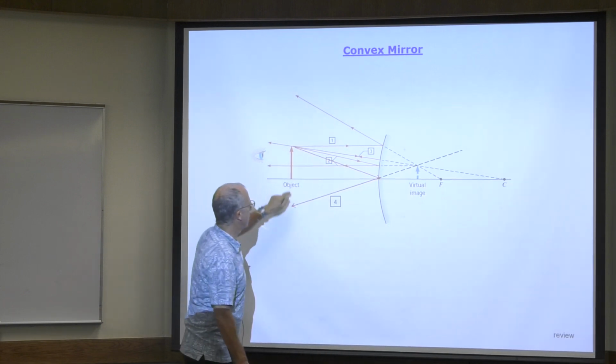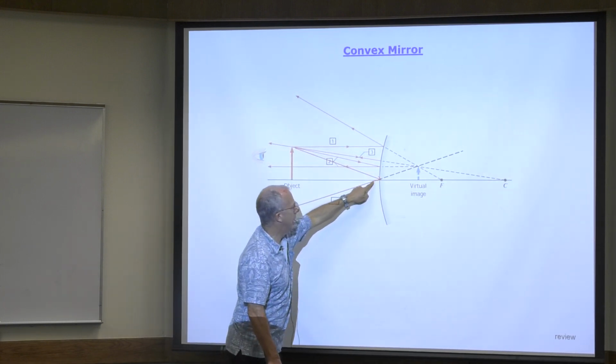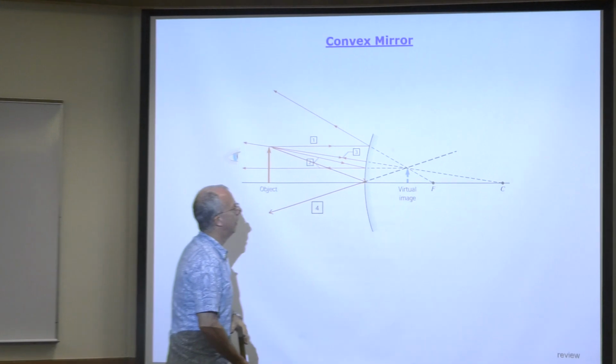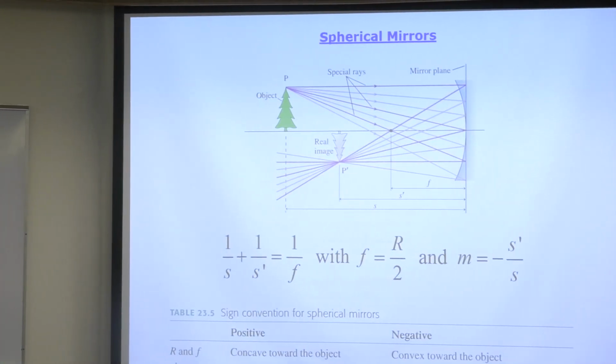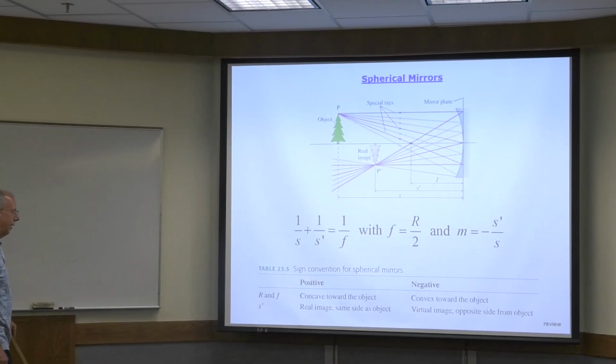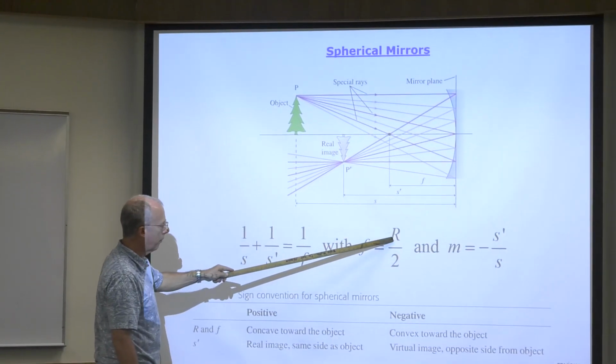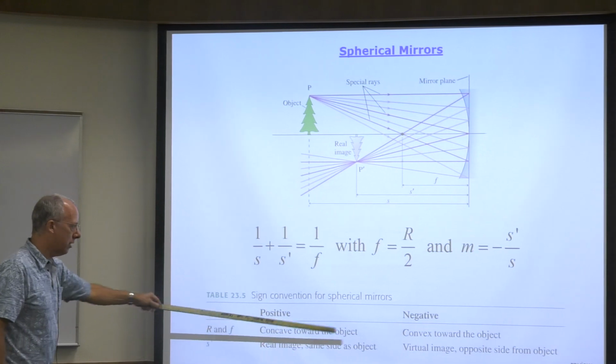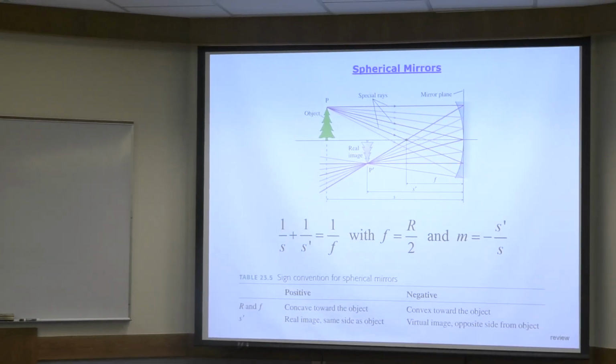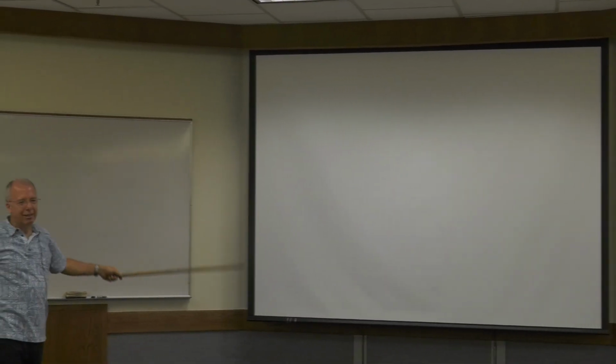And the 4th one's nice too because it just goes in and out, where this angle equals that angle. And this is the new thing with the mirrors: the focal length is the radius of curvature divided by 2. And you have these sign conventions again, which I'll give you. That's it. Thank you.